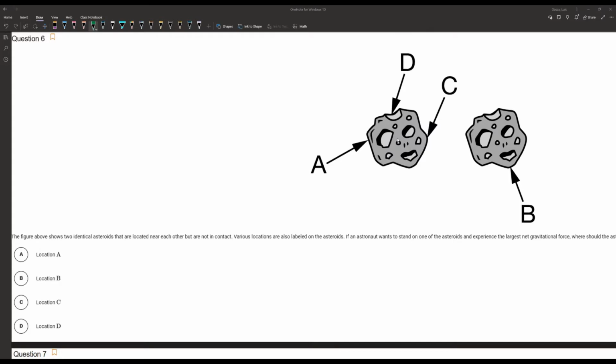Okie dokie. We'll go ahead and call it here. And so this one can seem a little difficult to analyze, because it's like, well, shoot, how do we go about it? So if I am here at point C, let's say I have my astronaut here. Well, it's going to feel a gravitational force from this guy. And that gravitational force will definitely be larger than the gravitational force from asteroid 2.